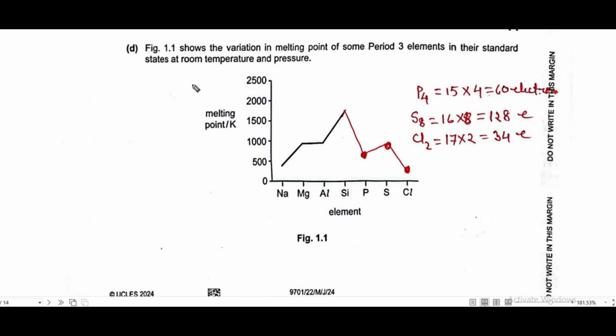Next, D. The figure shows the variation in the melting point of period 3 elements in their standard states at room temperature and pressure. This is the y-axis, melting point, and the x-axis elements: sodium, magnesium, aluminum, silicon, phosphorus, sulfur and chlorine.